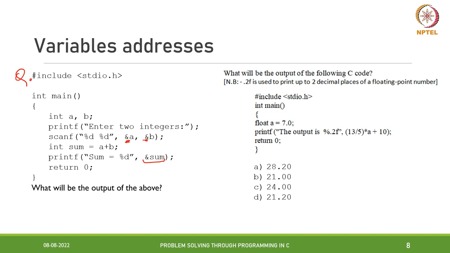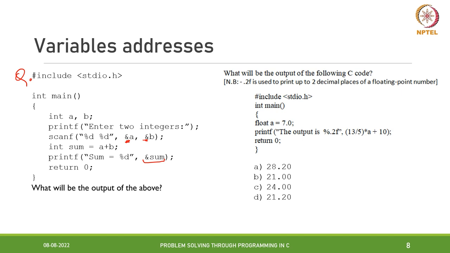The memory address of this variable and the value of the variable are not the same. The value that sum stores is an integer, but the memory address of the variable will probably be in hexadecimal. For most of the systems that you will be using, probably the memory address will be hexadecimal.